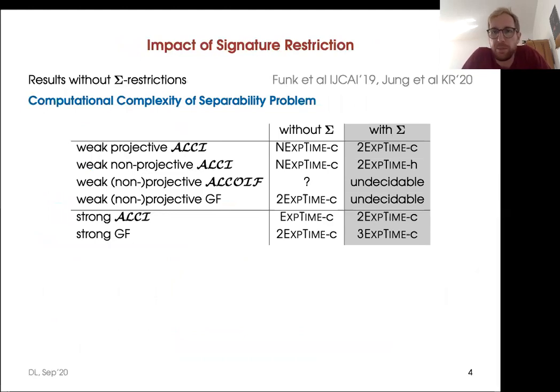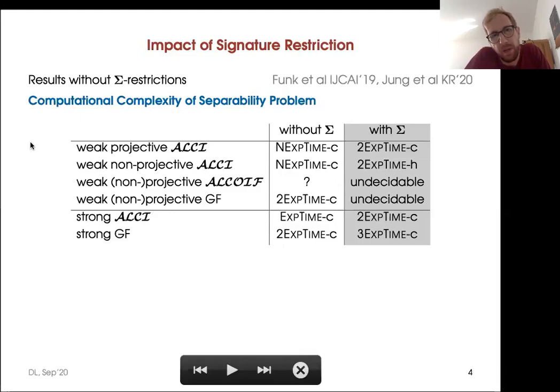The topic of this paper is to find out what is the impact of the signature restriction, because without signature restriction we have studied the separability problem in previous work, HK 2019, and also next week there will be a paper presented about this. I want to give you just a rough overview.